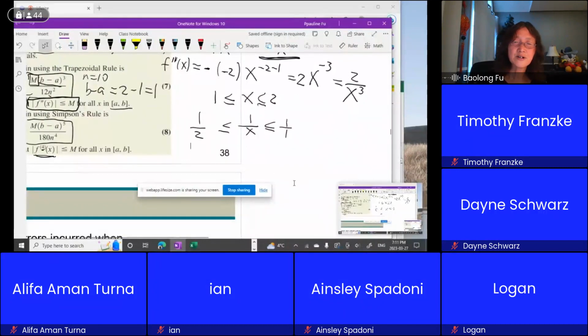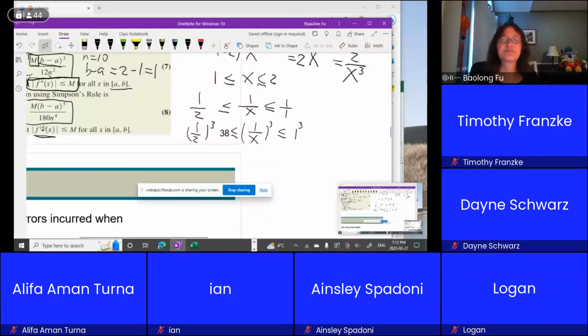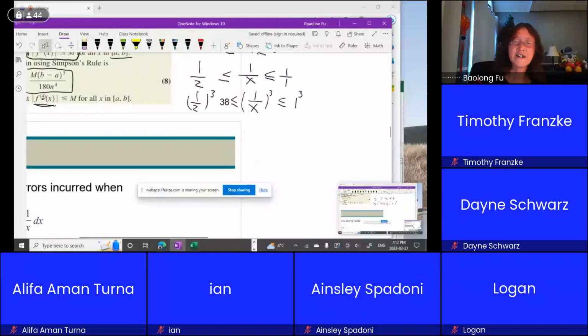And then I take a cube. It still holds true.